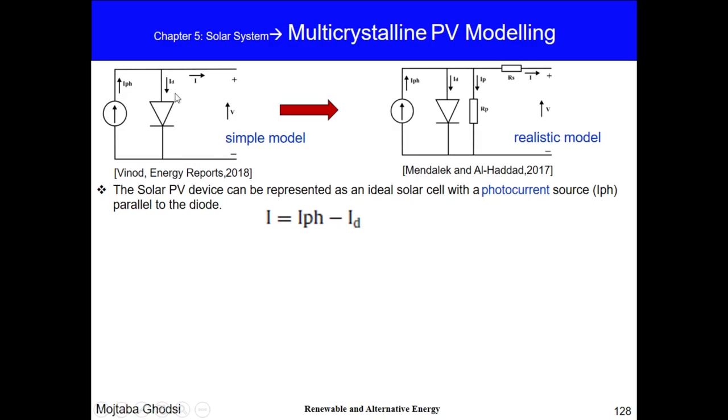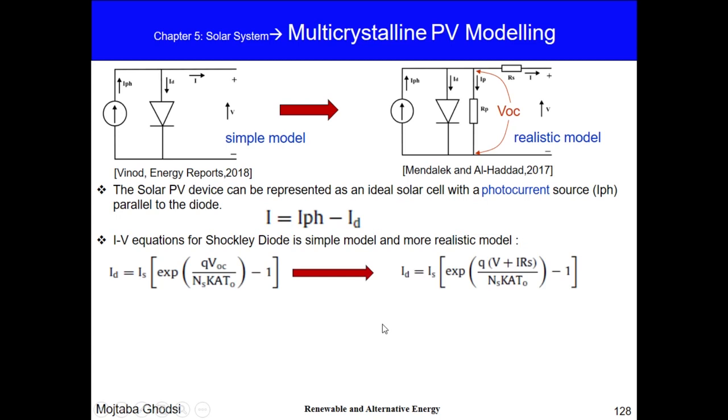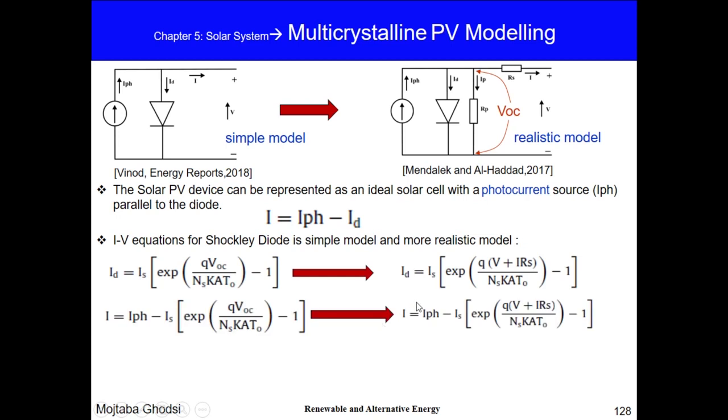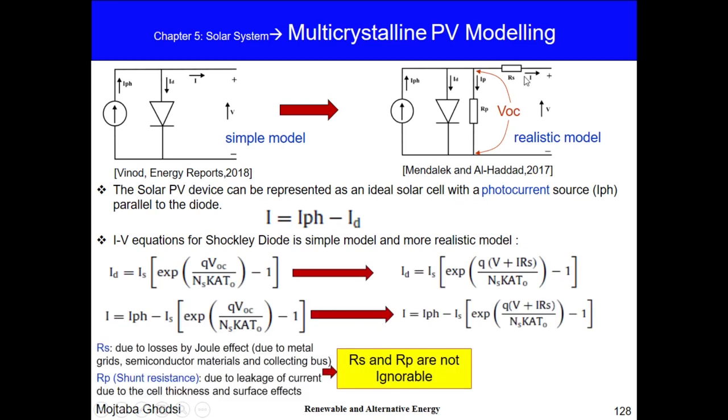In a simple form, we can find that the current drawn from the solar panel is equal to IPH, which is generated by the solar cell itself, minus ID, the current which goes toward the diode. However, a realistic model includes another two resistances, RS and RP.